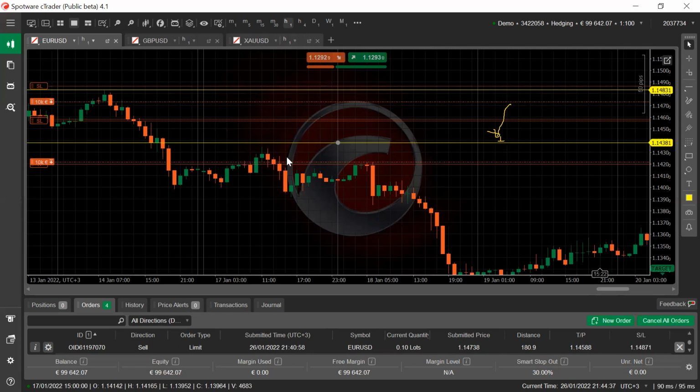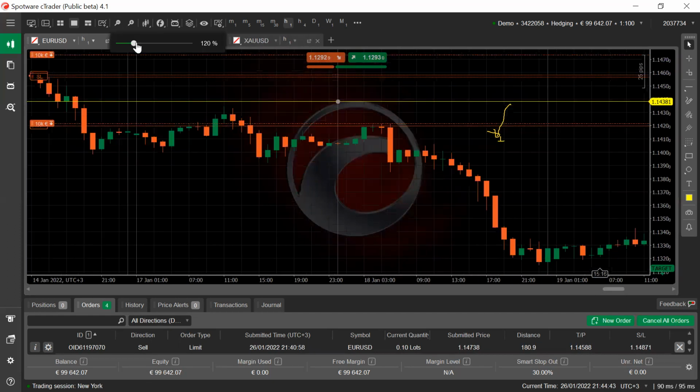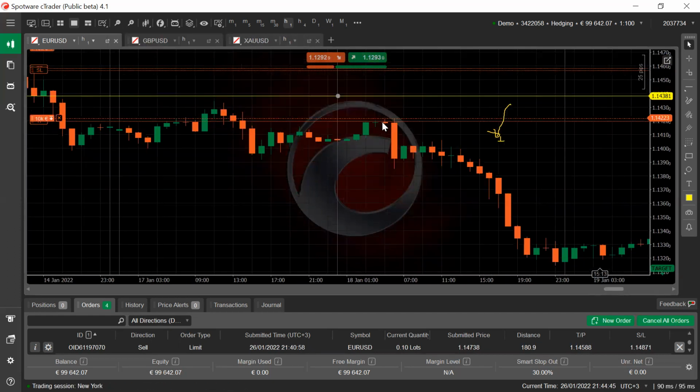As you can see, this could have been triggered here. I think it is triggered. Yeah, it would have been triggered right here. And when it's triggered, it gave you profit right away. Didn't even wait longer.